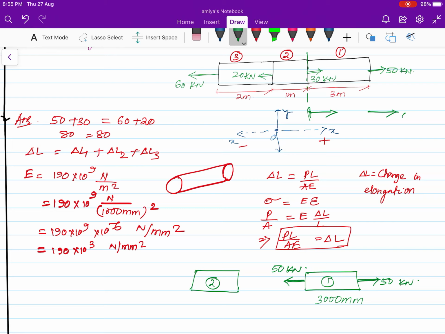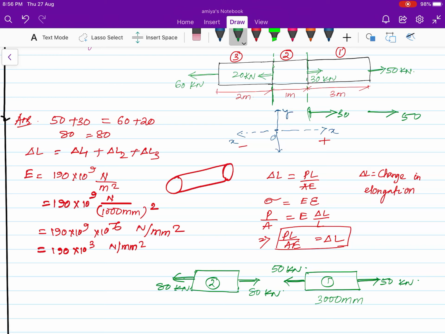So in total we write 50 plus 30, that is 80 kilonewton. Similarly, if 80 is acting here, then in the opposite direction also 80 is acting.